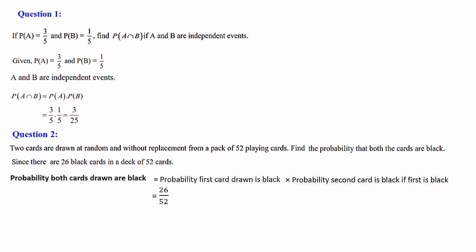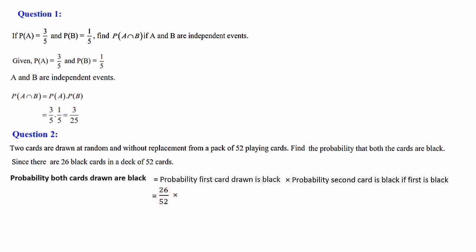So the first card being black means we have 26 black cards out of a total of 52 cards. So 26 divided by 52 is the first probability, into the probability that the second card is black if the first is black. The first black card you have already taken and kept aside and did not replace.